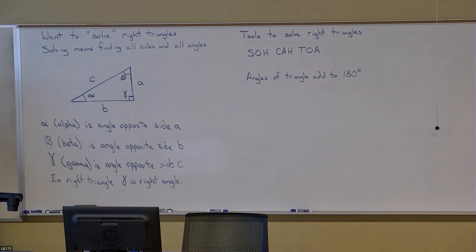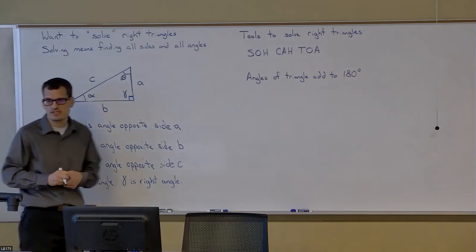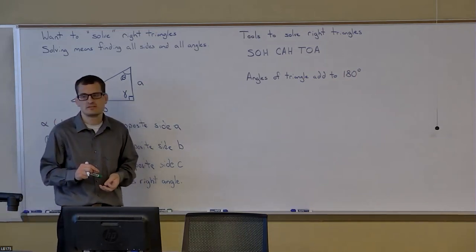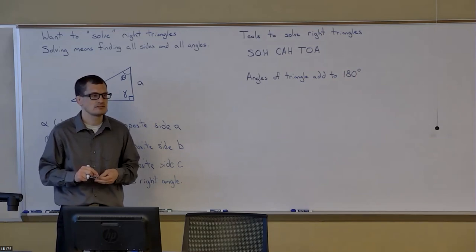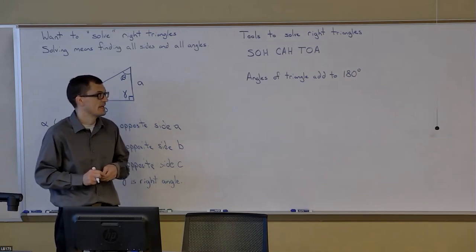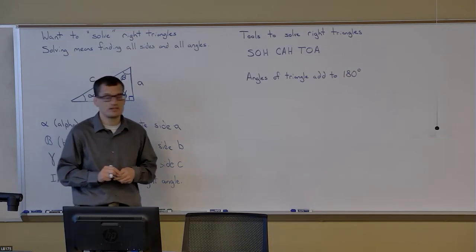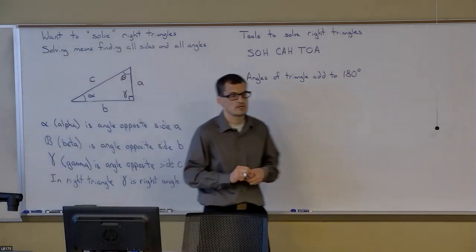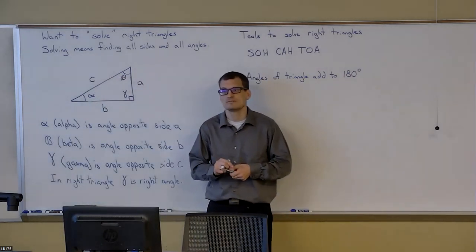If we're measuring our angles in degrees, which is what we generally do with triangles, the angles have to add up to 180 degrees. I'm sure you guys have seen that before at some point in time.